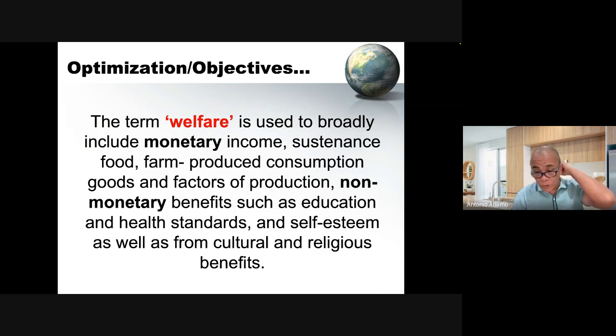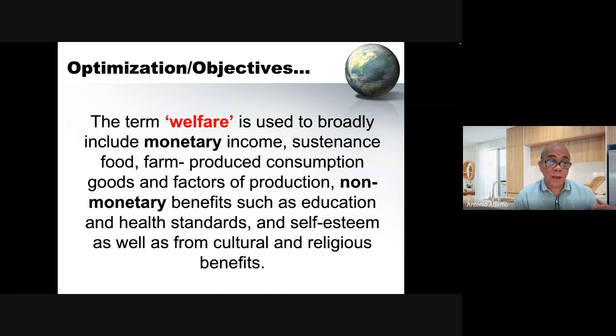That's why when we talk about livelihood, we are actually dealing with that particular activity that enhances the welfare of the household and the community, because as we have said, livelihood is defined as means to a living.